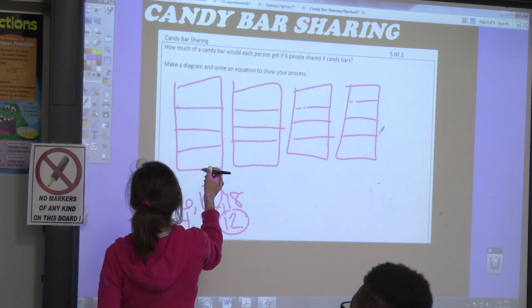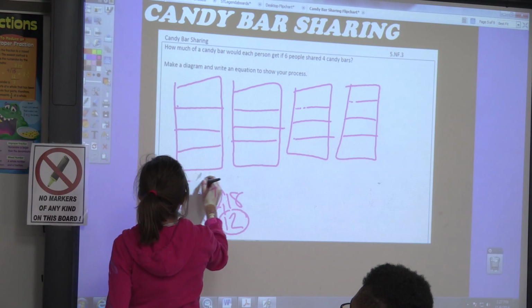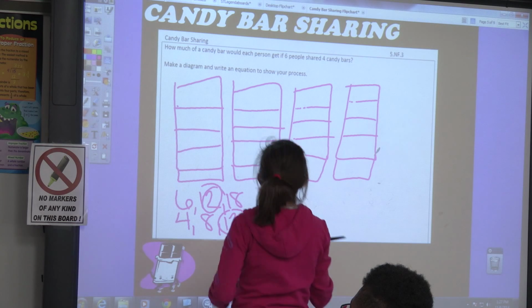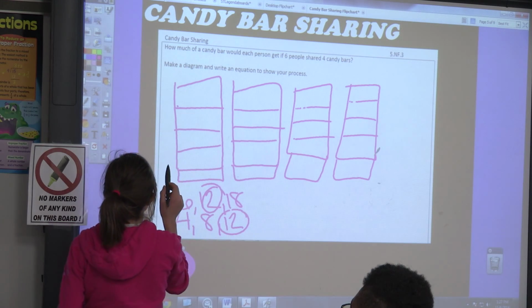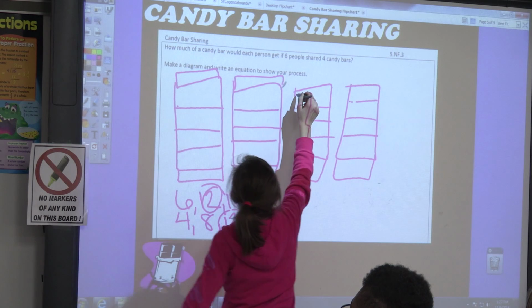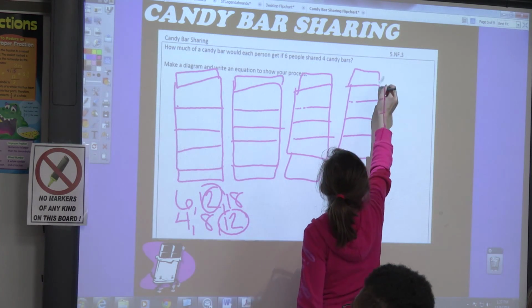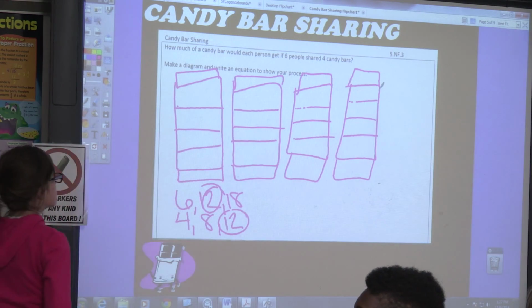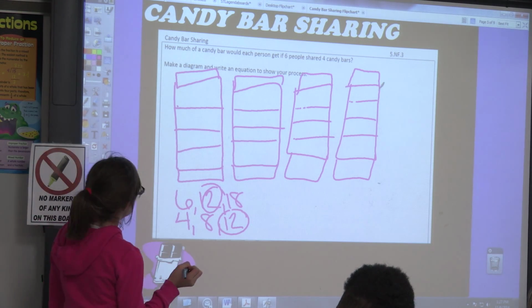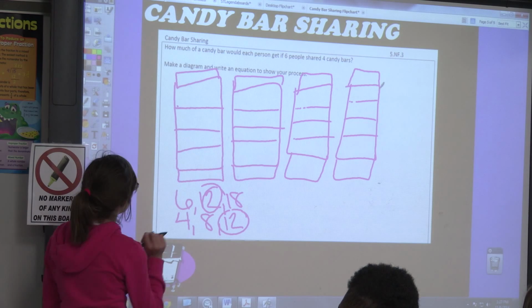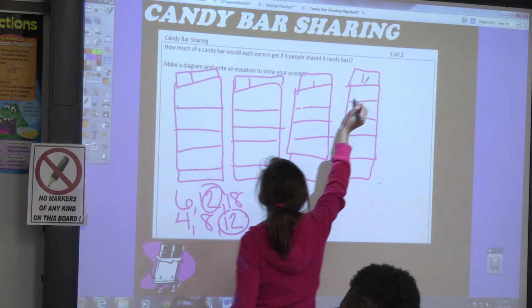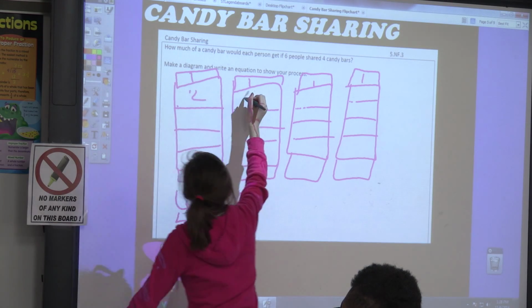Then there's 6 pieces, so the one person will get 4 pieces.